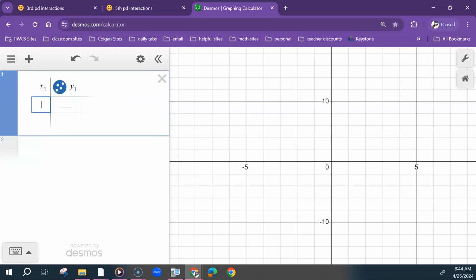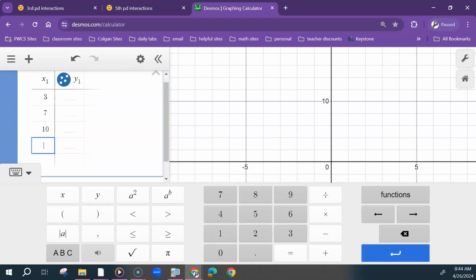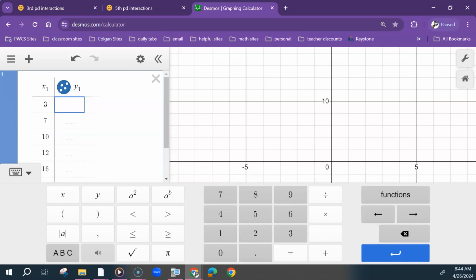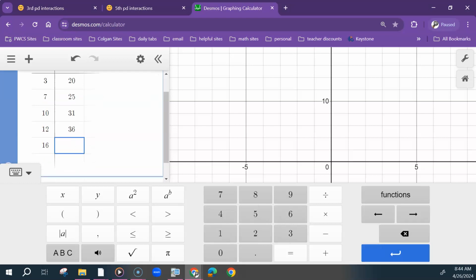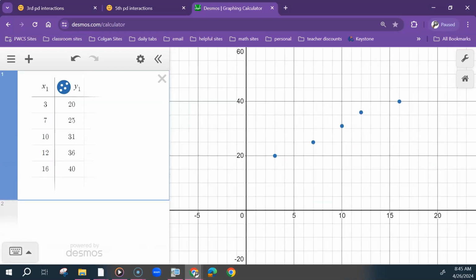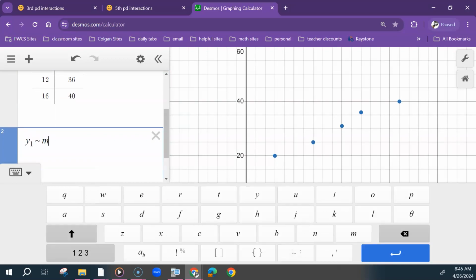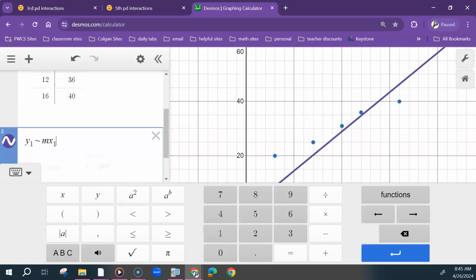I'm going to add in my table, and then type in my y1 tilde mx1 plus b.